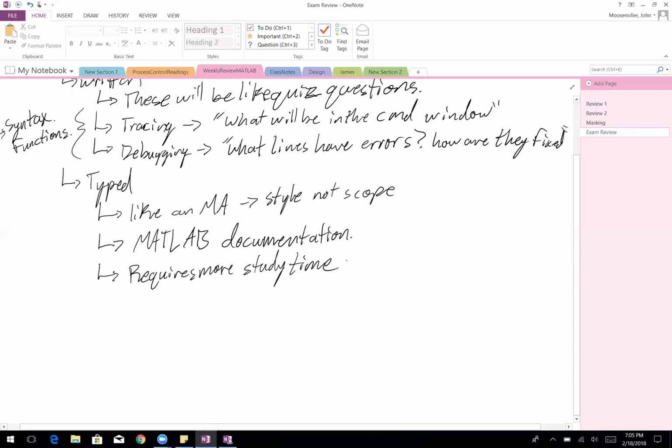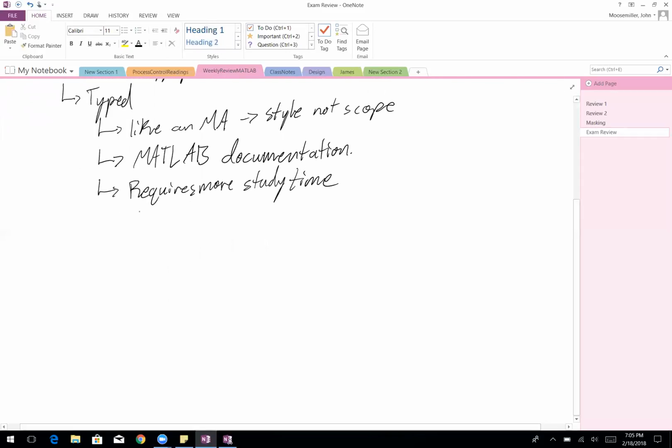So the big question you all came in here for was, how do I actually study for these exams? In your other classes, like your chemistries, your physics, you would do practice problems, but there's also some element of memorization, right? This class isn't really like that because most of the things that you need to memorize would be the functions, and you all should have used them enough that you just know how to do it.